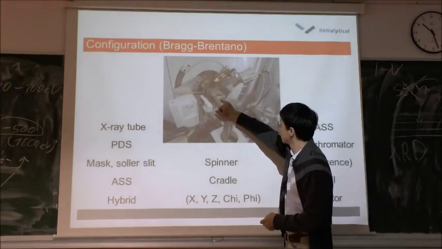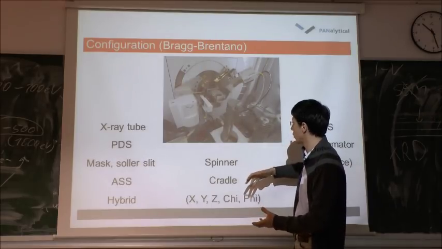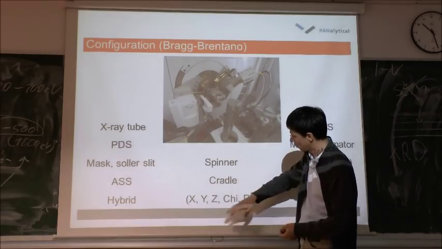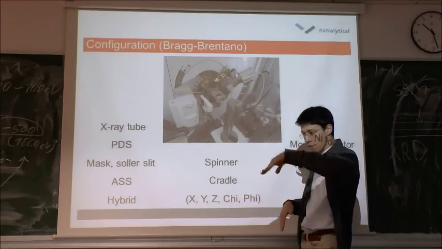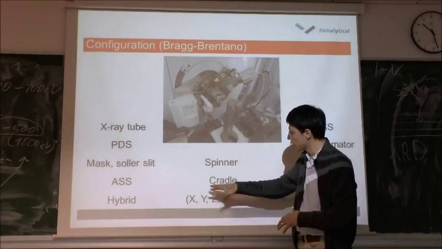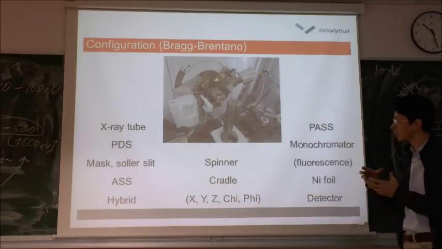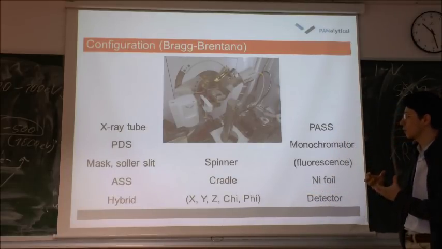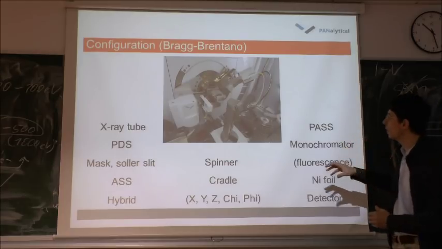Then here is the sample stage. This is a spinner, which can also be the cradle for different positioning of X, Y, Z, and also phi, and rotation in chi. All these directions enable you to orient the crystal exactly in space with respect to the goniometer.